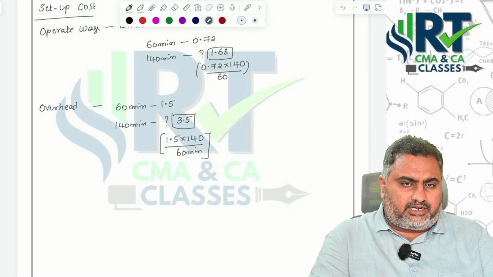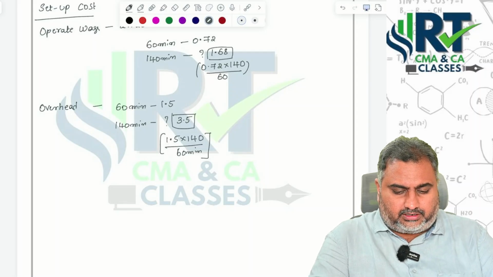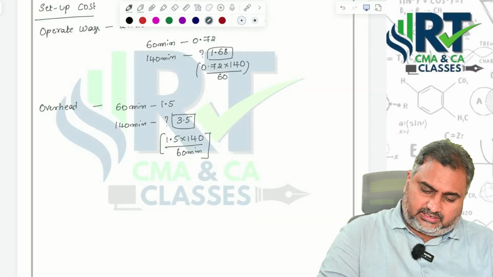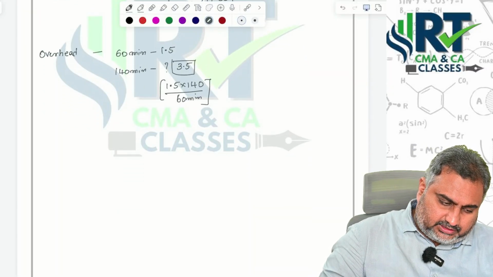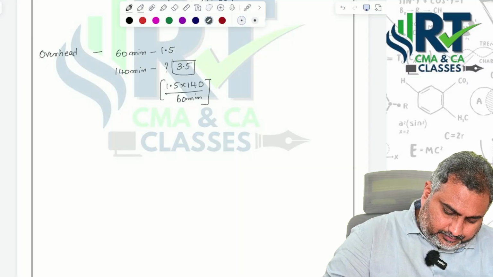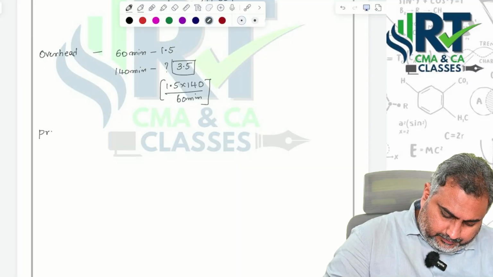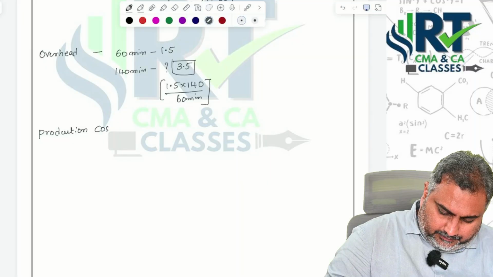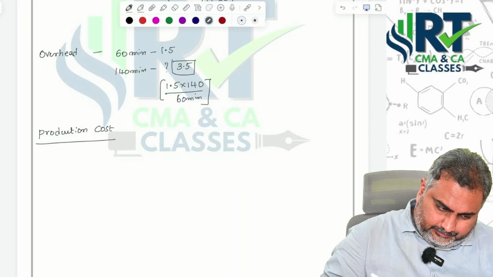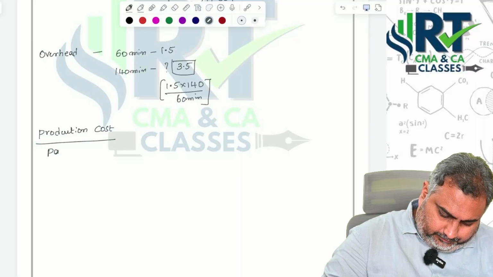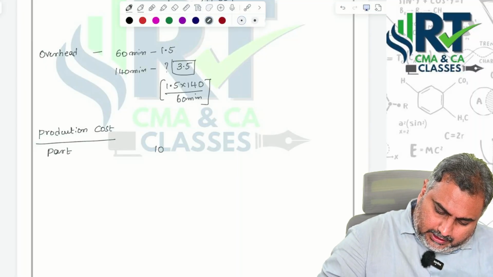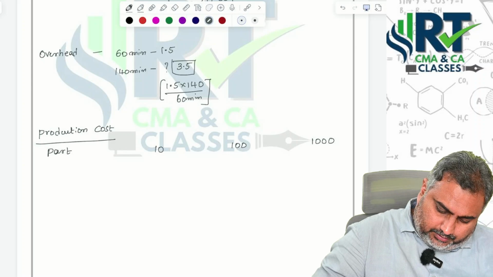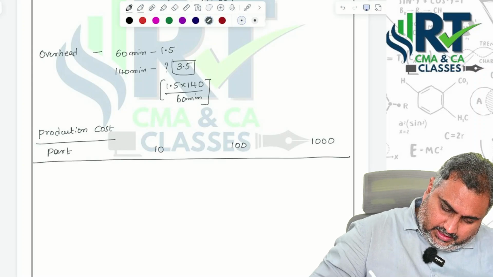For 10 components, 100 components, 1000 components, your total overhead cost is the same. Per component means divided by that many components. This is setup cost. Next, when it comes to the production cost point of view, particulars: 10 components, 100 components, 1000 components. Okay.